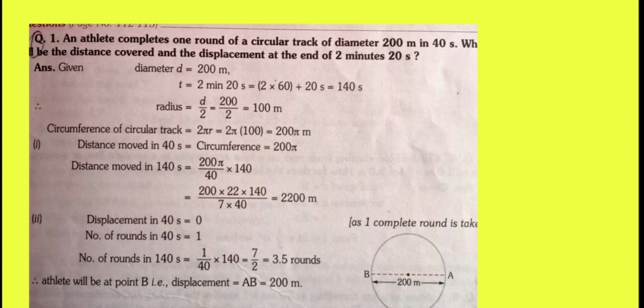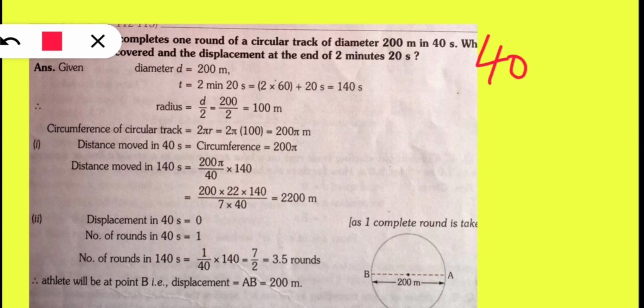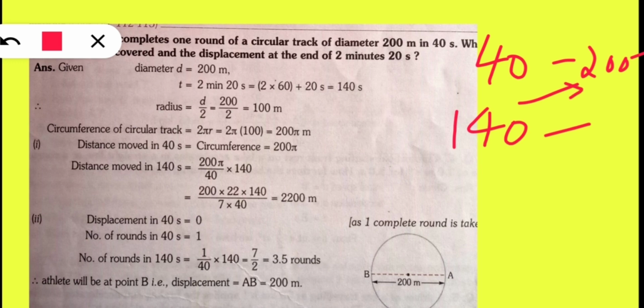So what will be the distance moved in 140 seconds? 40 seconds is 200 pi. So for 140 seconds, we will be doing cross multiplication.